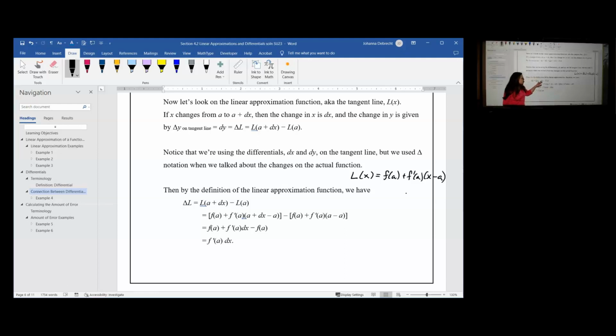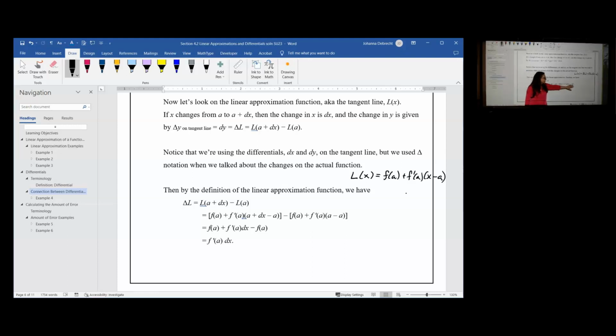We take these values, a plus dx and a, and substitute them into the definition of the tangent line approximation. Notice that in the first one, this gives us an a plus dx minus a, and the a's cancel to give us a dx.